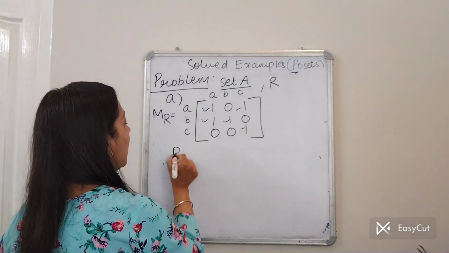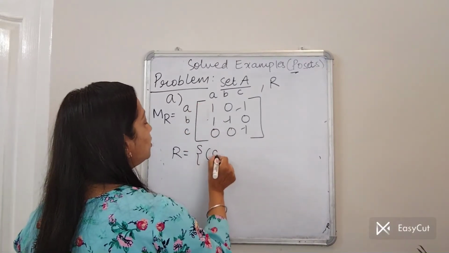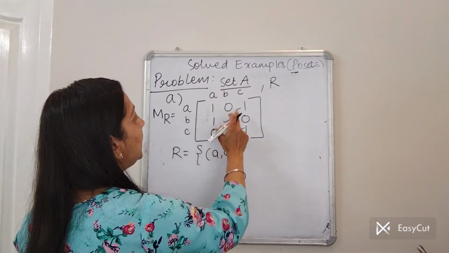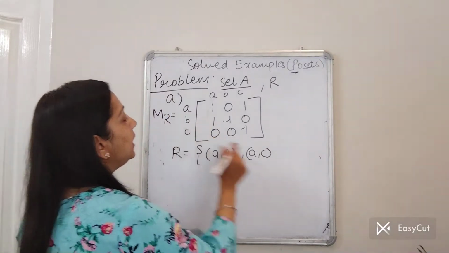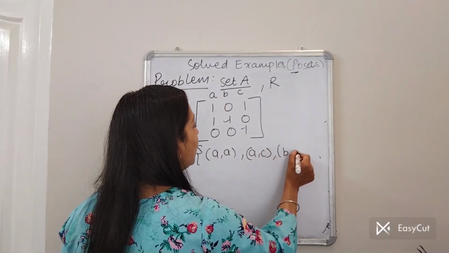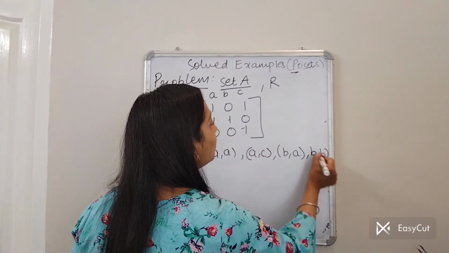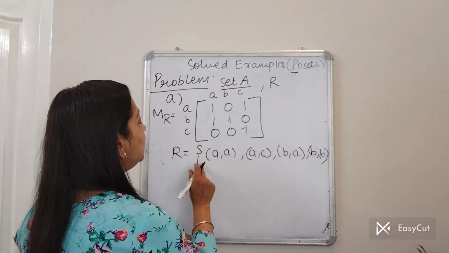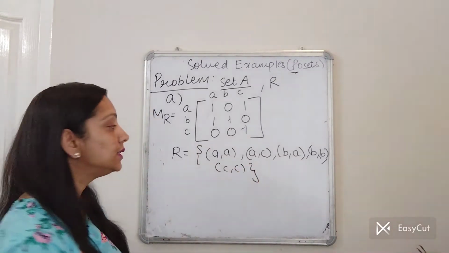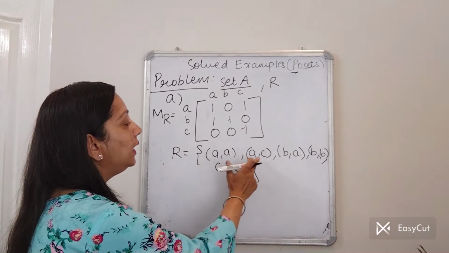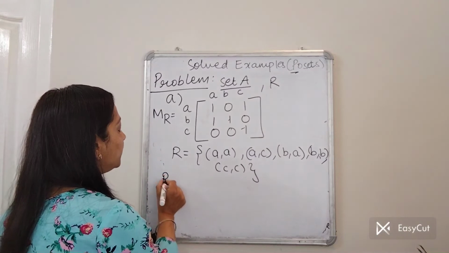So if I say R is equal to, now clearly you can see here A and A are related, so A comma A. Then you can see A and C are related, so A comma C. Then B and A are related, so B comma A. Then B and B are related, so B comma B. And then C and C are related, so this is my relation set which consists of ordered pairs A comma A, A comma C, B comma A, B comma B and C comma C. Now let us see if it is reflexive.